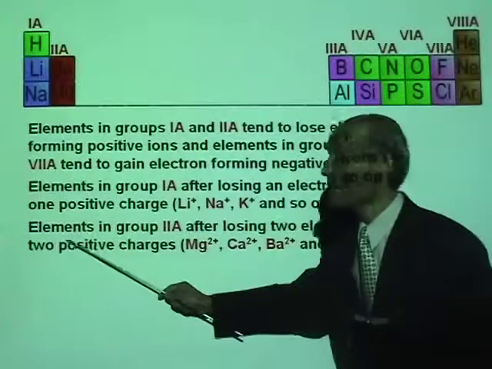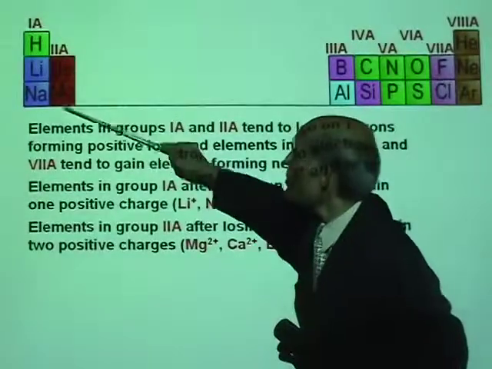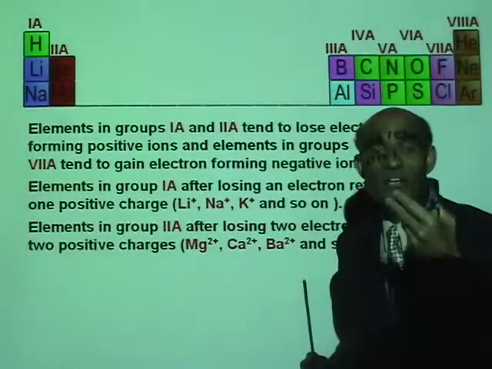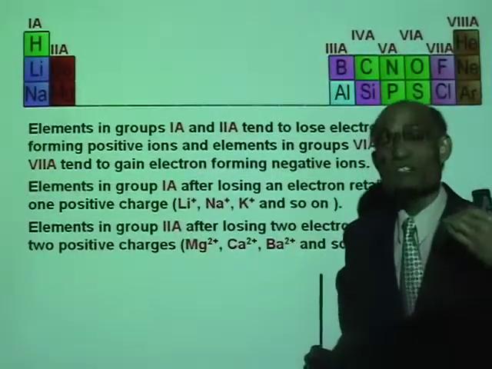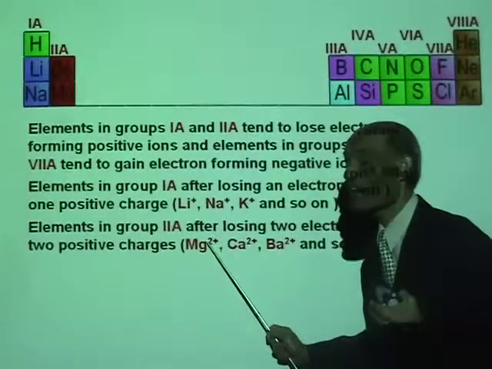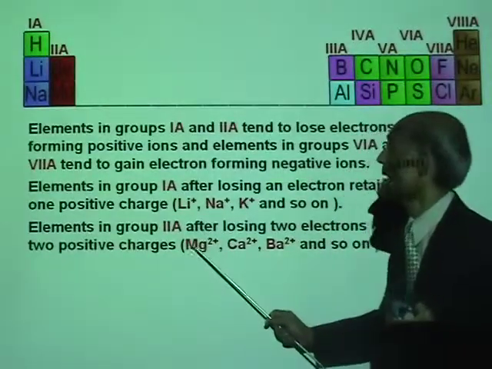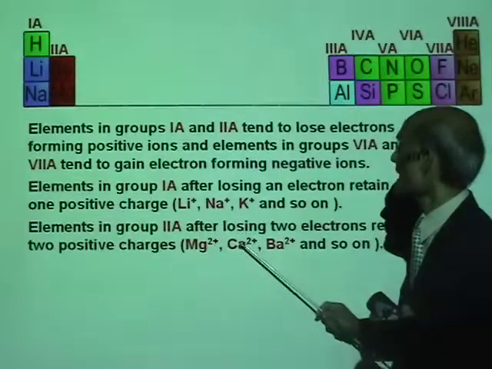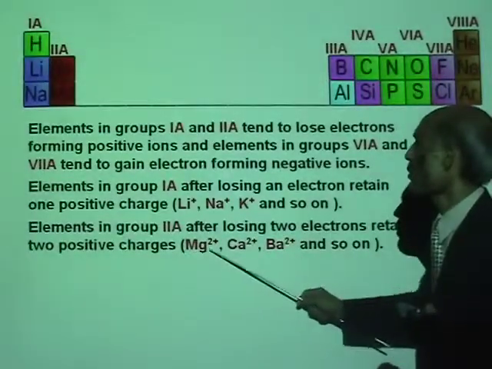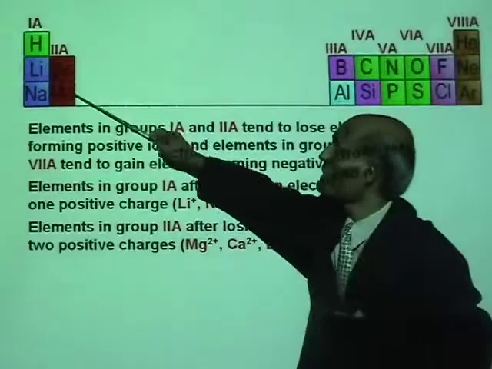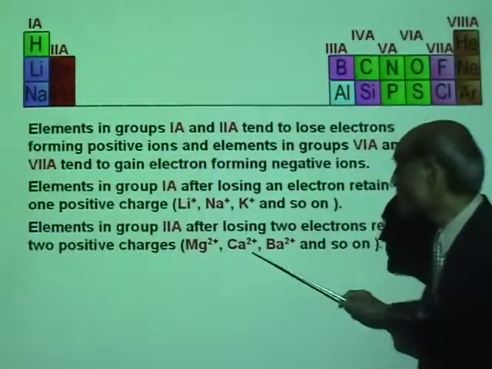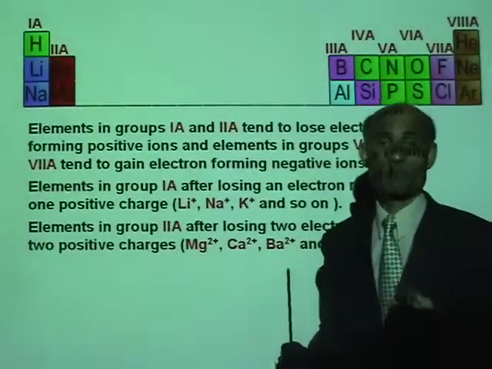Every element in group 1A will lose 1 electron to become a positive ion that carries 1 positive charge. Now, in the same way, elements in group 2A will lose 2 electrons, and each resulting ion will carry 2 positive charges. You see that? Magnesium 2 plus, calcium 2 plus, barium 2 plus, all these elements in group 2 will form these ions.